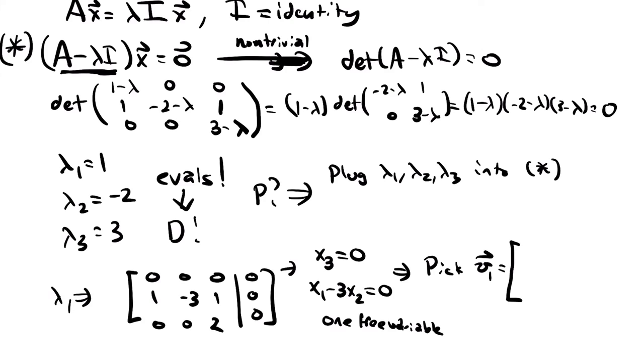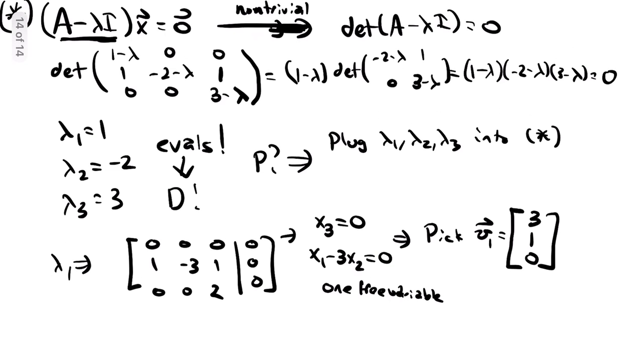If there's a unique solution, you don't have free variables. So you should have at least one, and you might have more in general. So I'm going to pick v1 to be equal to 0 in the third component, 1 in the second component, and 3 in the first. That satisfies those constraints, so that's my first eigenvector.